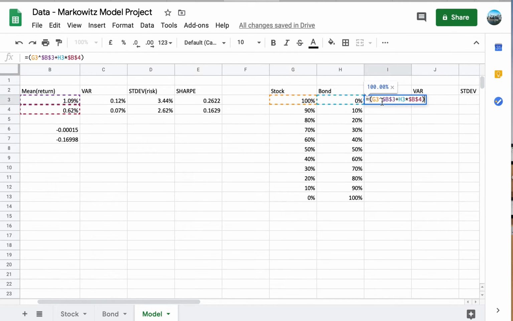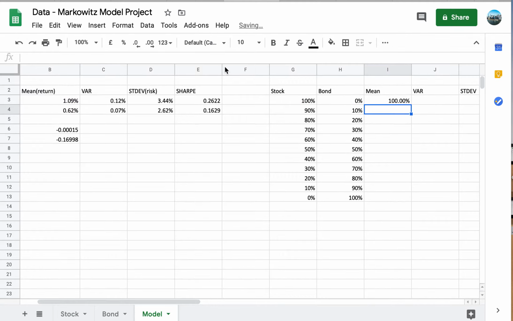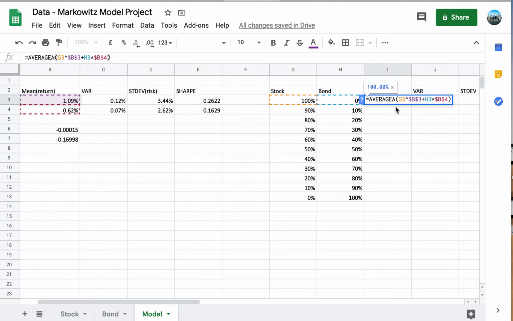So now let's calculate our mean. Wait a while, there's some mistake right here. Oh yeah, I didn't do the average. Sorry, so this is the formula for the average. Remember to use $ on it, so after we drag it down, it always references this. It is pretty important to do that. And this is our average. Wait, why is it showing 100%?